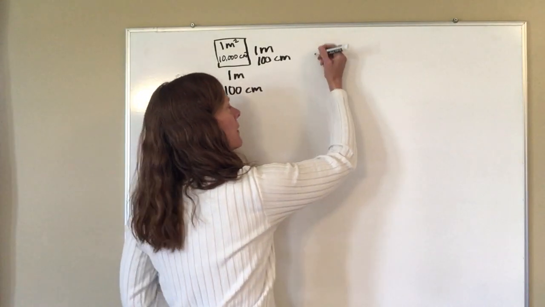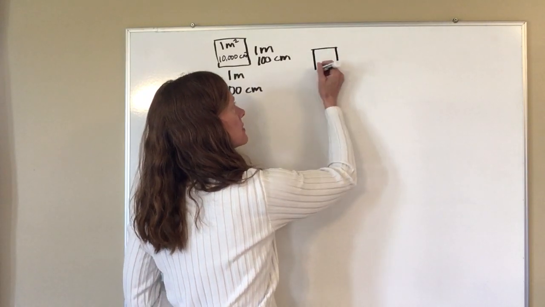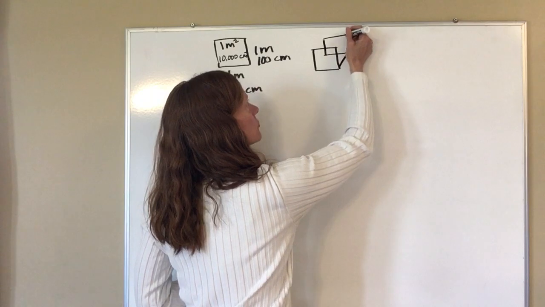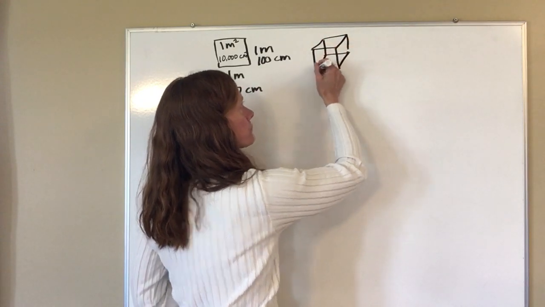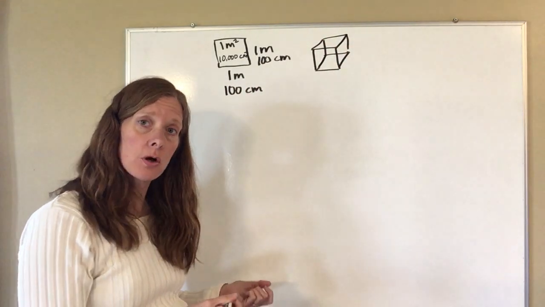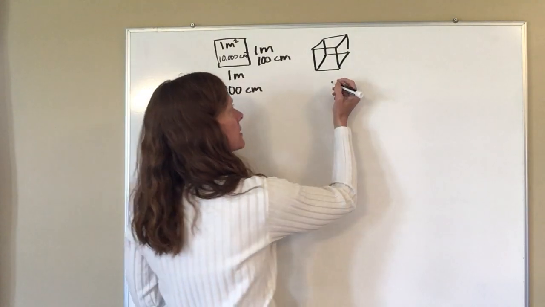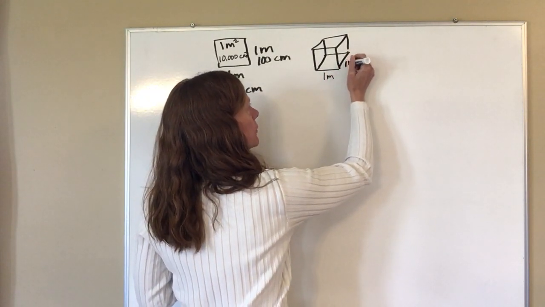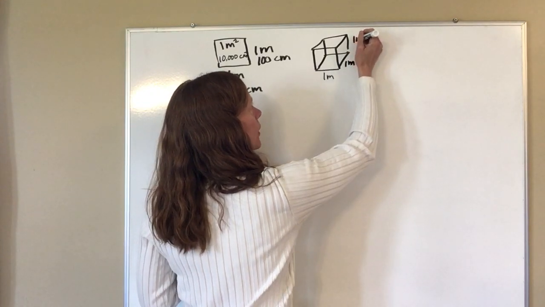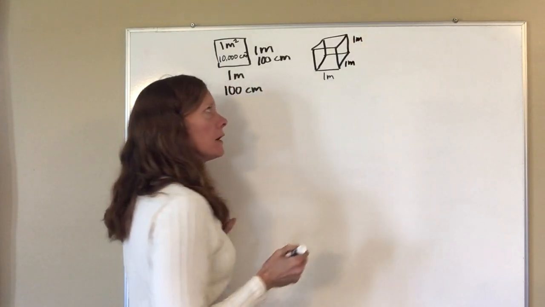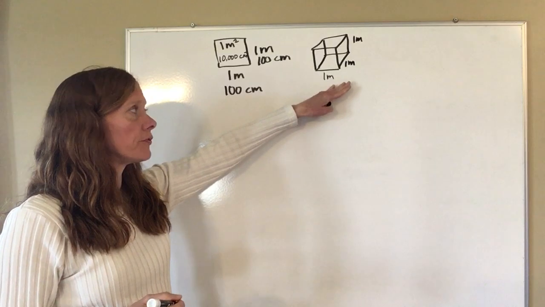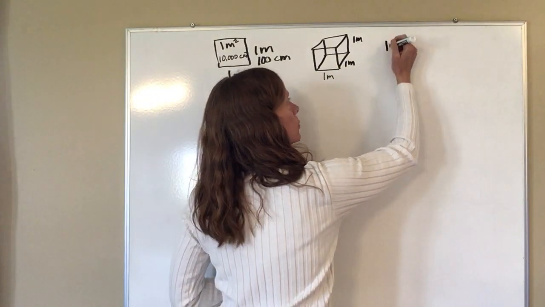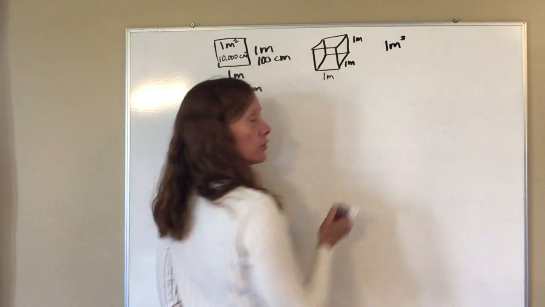So if I have a box like this, it's actually a cube, and it also is 1 meter on a side. So I have 1 meter over, 1 meter back, 1 meter up. Then the volume of this box, 1 times 1 times 1, is 1 cubic meter.